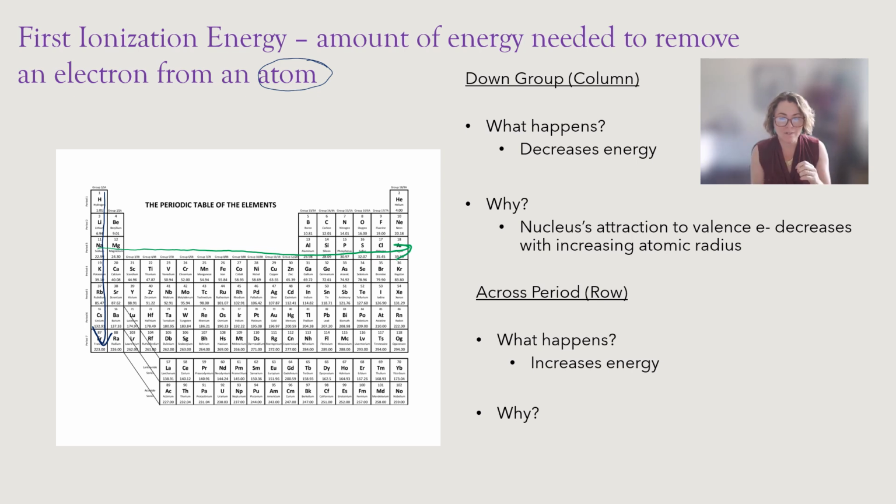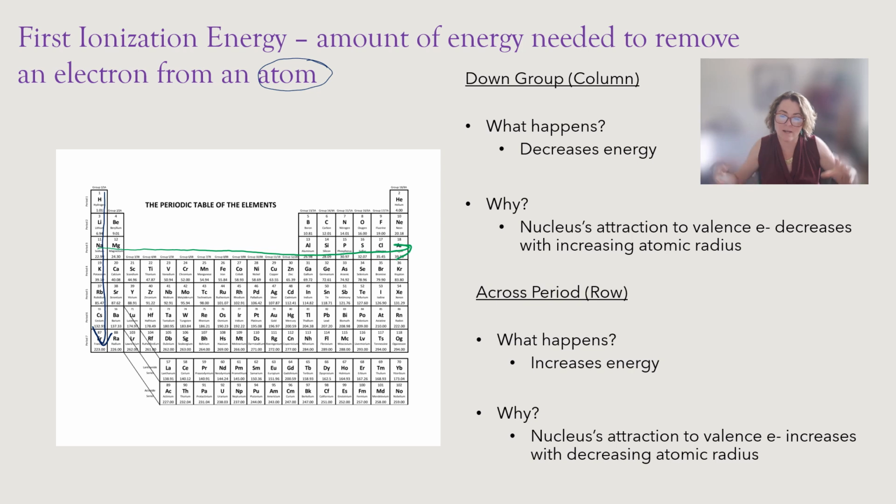That's going to make it more difficult to pull those electrons off, and so therefore we have an increase in the ionization energy. The reason for that is, again, because the nucleus has a strong attraction to the electrons, and as those atoms get smaller, they're being pulled in. That means that the nucleus has a greater pull on that electron.